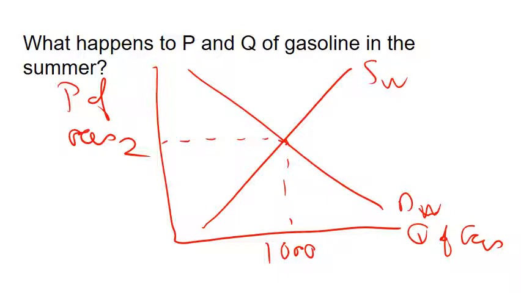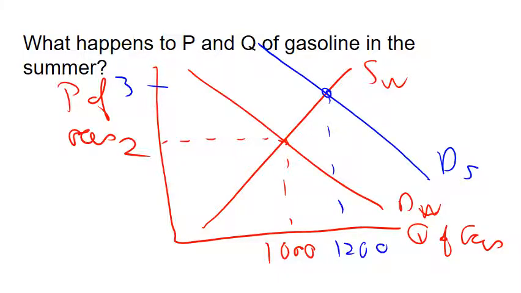What this means is that the increase in taste for gasoline in the summer means the demand in the summer is higher than, or greater than, the demand in the winter. So the equilibrium price in the summer is maybe $3 a gallon, and the equilibrium quantity is something like 12,000.